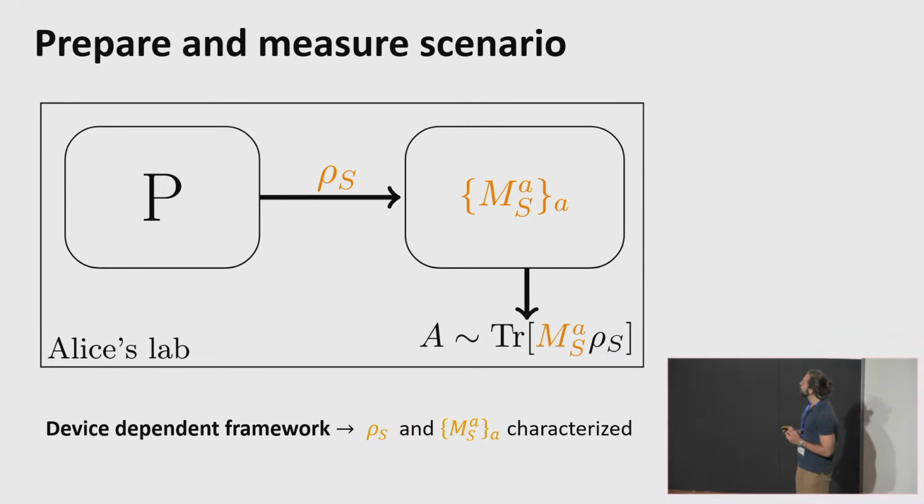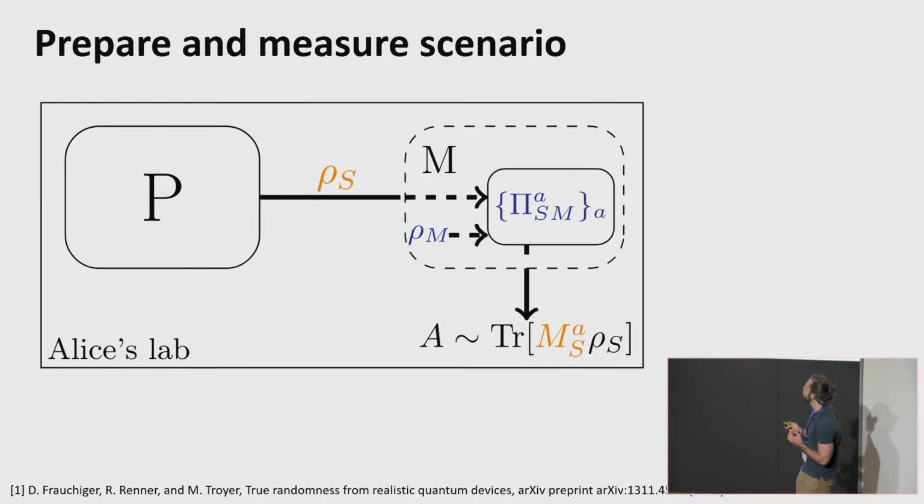So let's focus on the measurement. This measurement MS is the measurement that we see. But actually, in the lab, there could be a different scenario. We can imagine that there is actually a memory initialized in some state rho m.